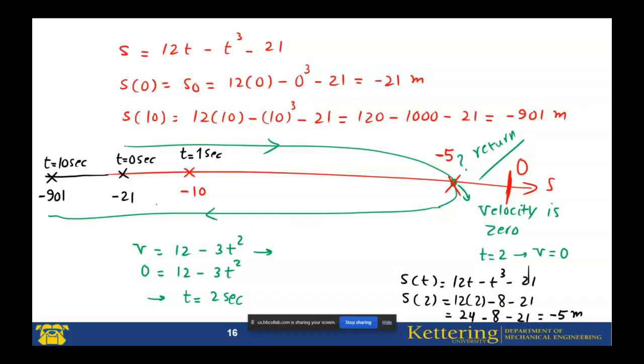Okay. Now, look, from minus 21 to minus 5, if you calculate it, it is 16.